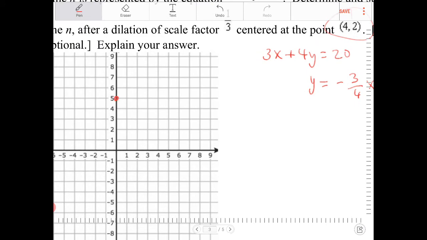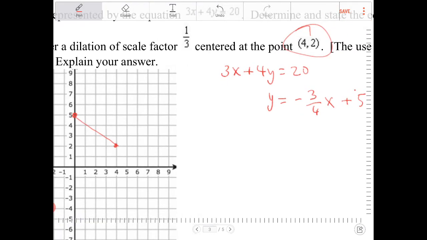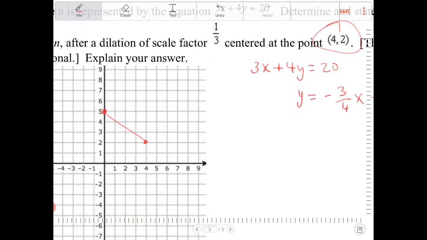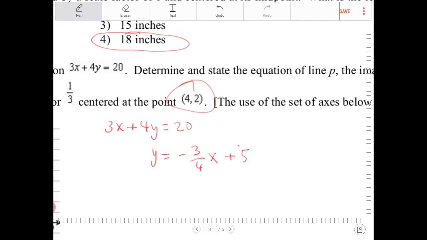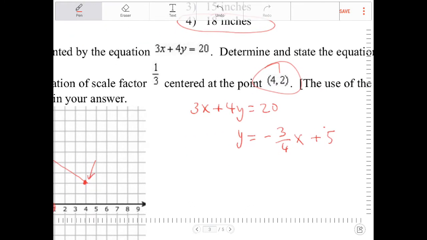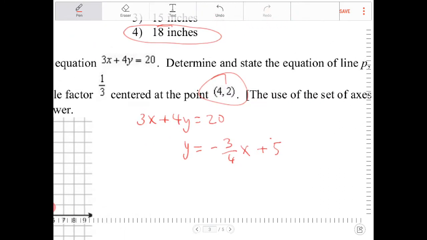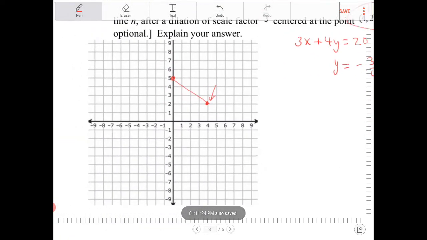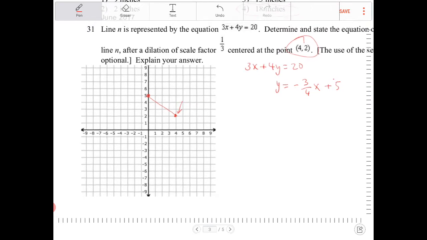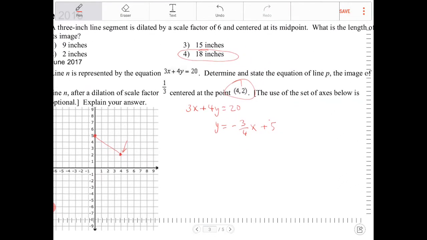We're going to go down 3 and over 4, which is right there. So this is the line. And then 4, 2 is located right here. It's on the line itself. So if that's the case, after a dilation of 1/3, what is the question asking for?